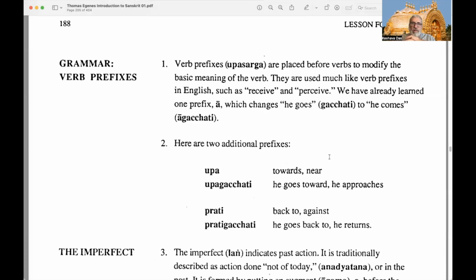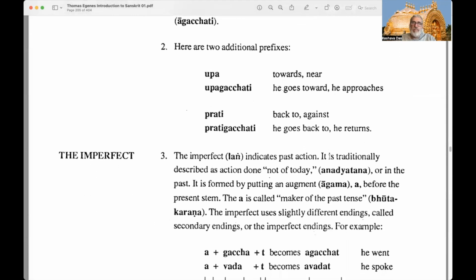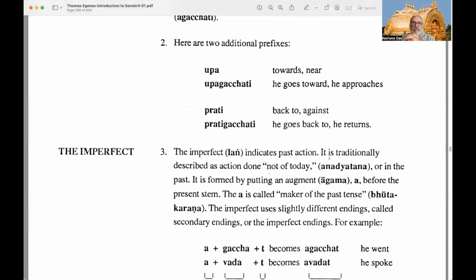We think of these as two different verbs. We have already learned one prefix, long A. When long A comes before gachati, which means he goes, it changes to he comes, agachati. Here are two additional prefixes we're going to learn in this lesson: upa and prati. Upa means to go towards or near.